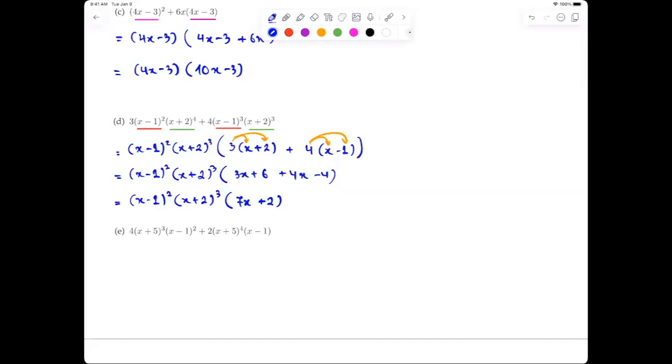x plus 5 to the third power and x plus 5 to the fourth. So the common factor is x plus 5 to the third power. Got it? And x minus 1 squared with x minus 1. So x minus 1 is the factor. So 2 times x plus 5 cubed times x minus 1. And you're left with 2 times x minus 1 plus x plus 5.